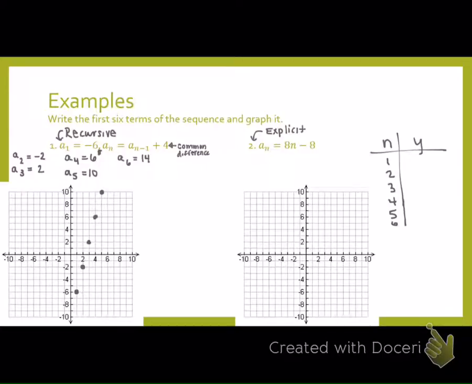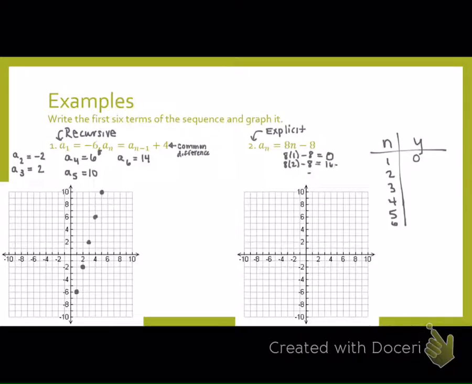All right, so for this one, you're actually going to have to plug in the number. So your first position is always 1, right? So we plug in 1. So 8 times 1 is 8, minus 8, is 0. So that's a sub 1. And then I plug in 2. So explicit formulas are a lot easier to use.